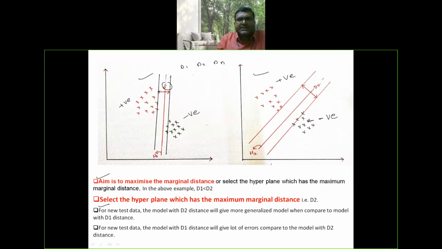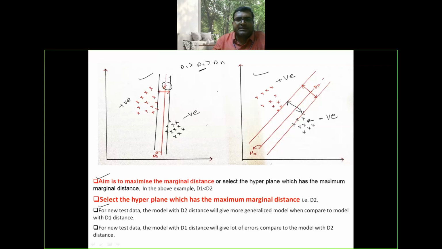The pair of lines having the highest marginal distance can be considered as the hyperplane. Simply, we need to select the hyperplane which has the maximum marginal distance.